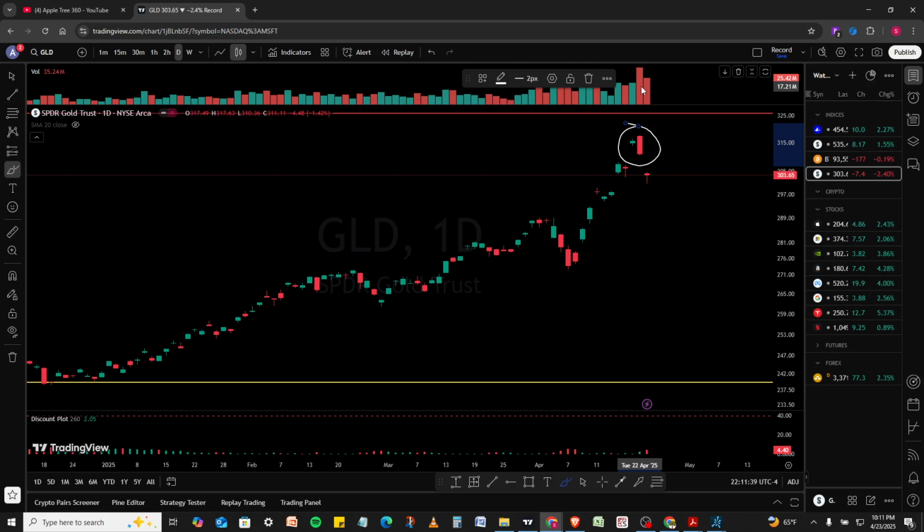It traded more than 35 million shares or ETF units on this day. So this tells that there is a lot of institutional selling, big funds or big guys moving out of gold, and rightfully so because it has been on a tear for the last few months.